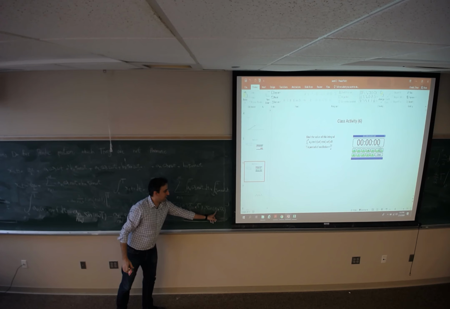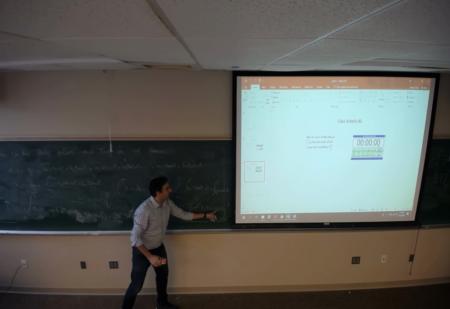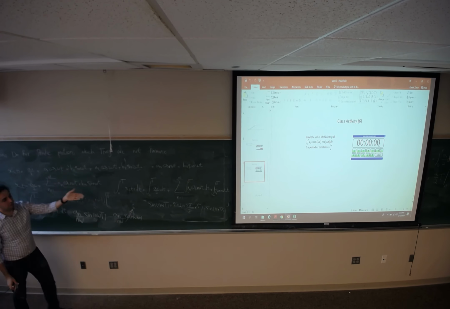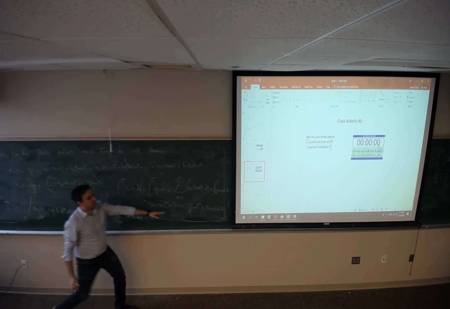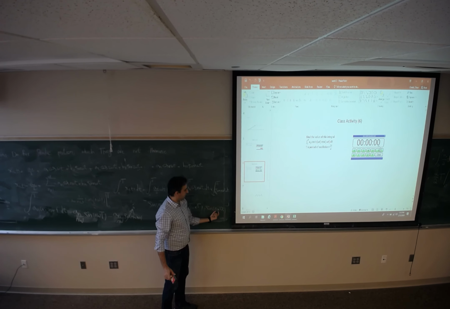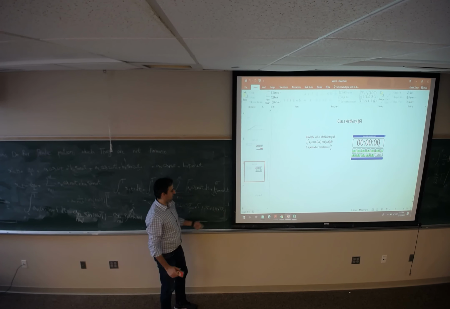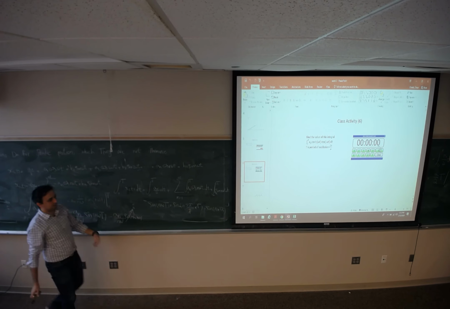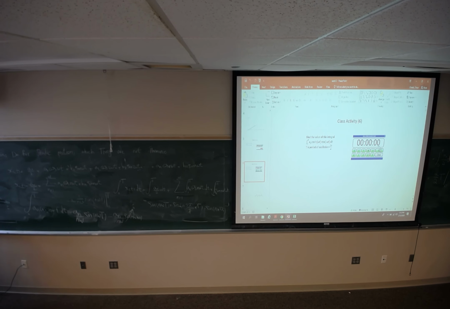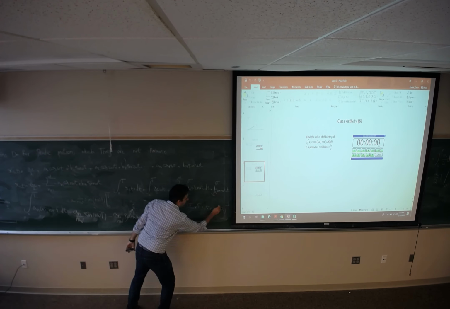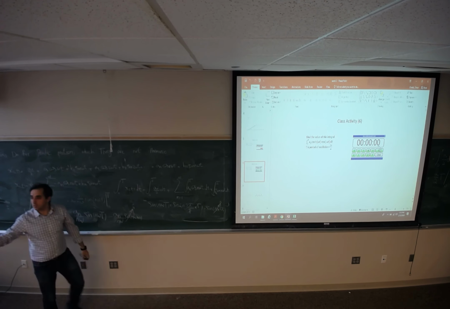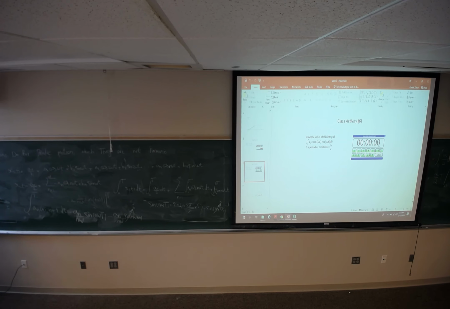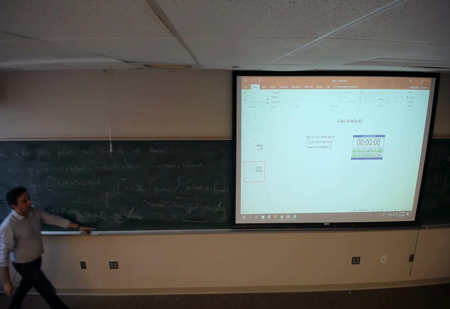No matter what the value of n is, either 1, 2, 3, 4, sine of any multiple of 2 pi is going to be 0. Because sine of 2 pi is 0, 4 pi, 6 pi, 8 pi. So this term is going to be 0.